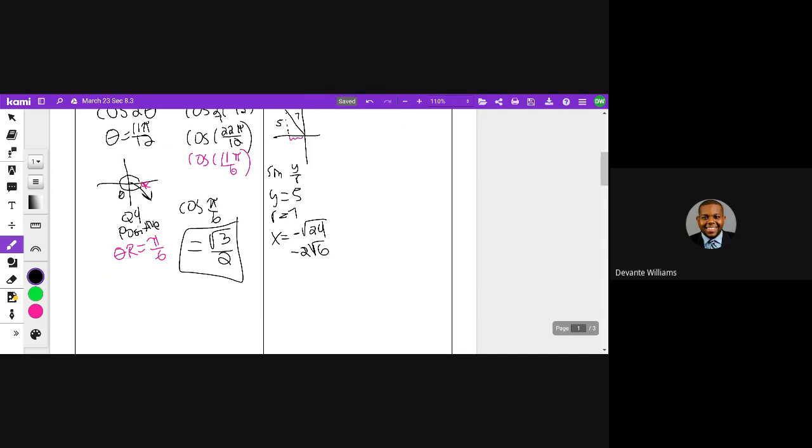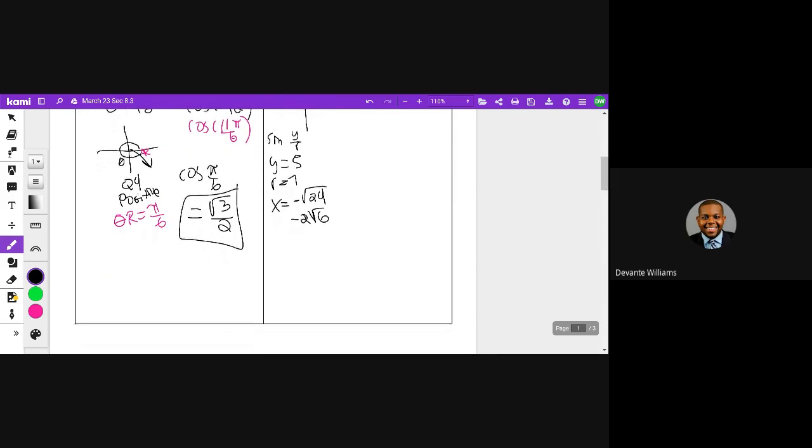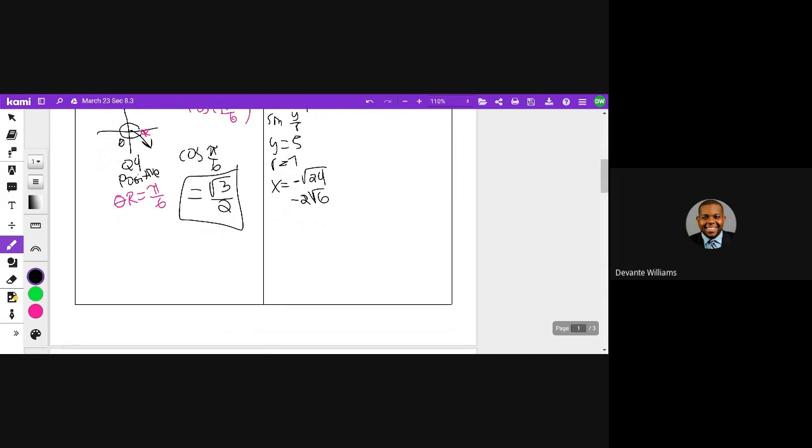All right. So now we got our Y, our R, and our X for our theta. We're going to save some work by finding the tangent, cosine, and sine of our theta. We know that they give us the sine. So sine of theta is equal to 5/7.